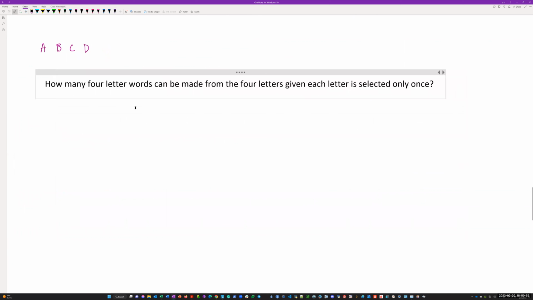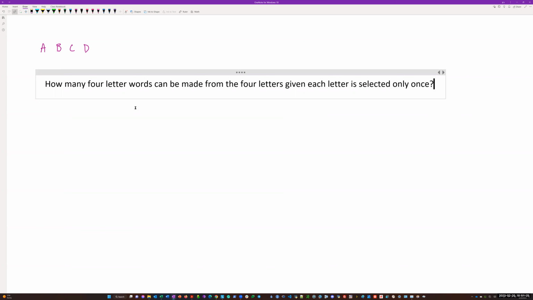What would you say? How many slots do we have? 4. What do the 4 slots mean? Why are you saying 4?